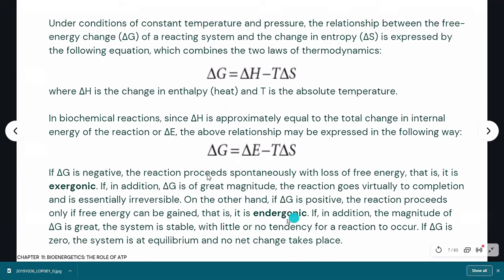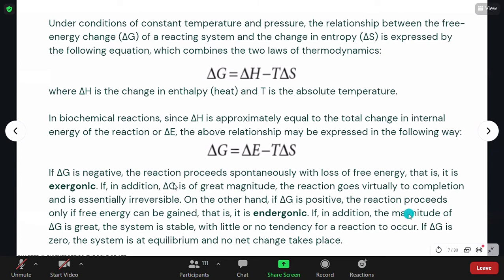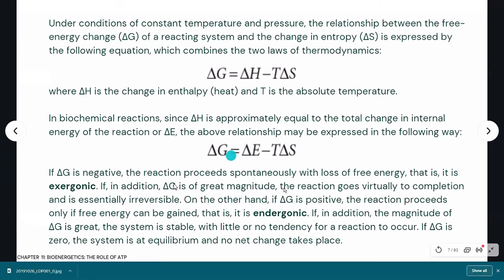We call that an endergonic reaction. When the magnitude of the positivity of delta G is great, the system is stable and there is no tendency for the reaction to occur. If delta G is 0, then the system is at equilibrium.